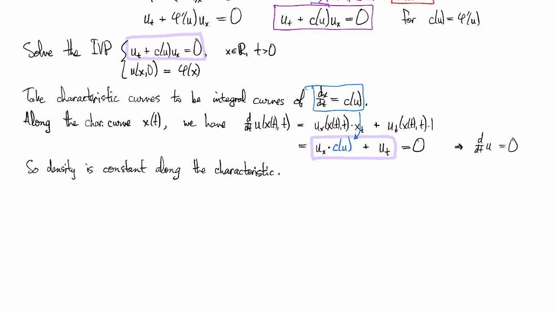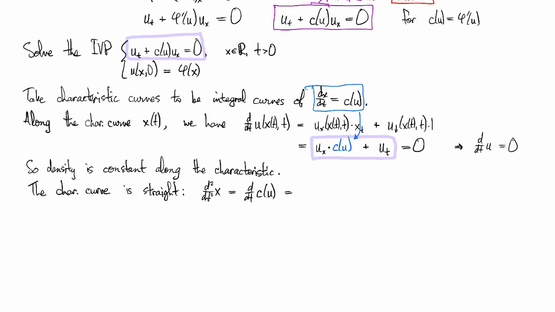And so what is the characteristic curve? Well, it's going to be a straight line. And to see this, let's see. Well, if we look at the second derivative of x, then this is going to be d/dt of x prime, which we just saw previously was our c of u function.